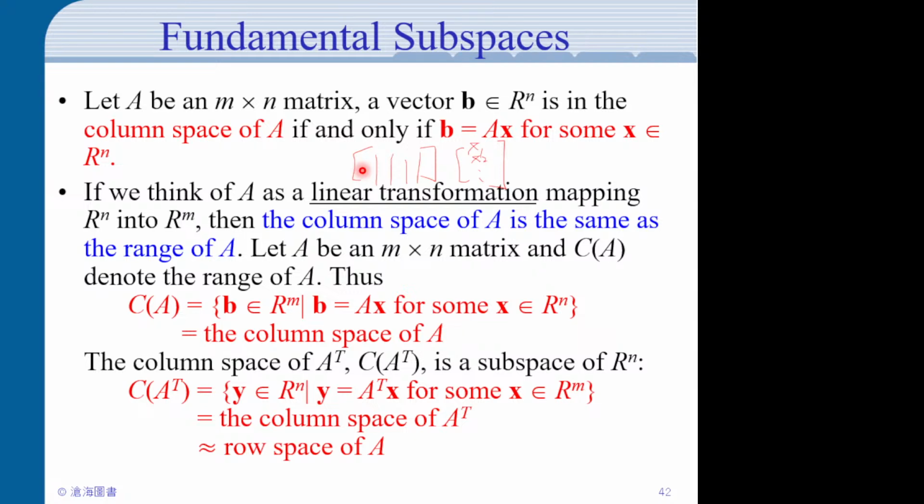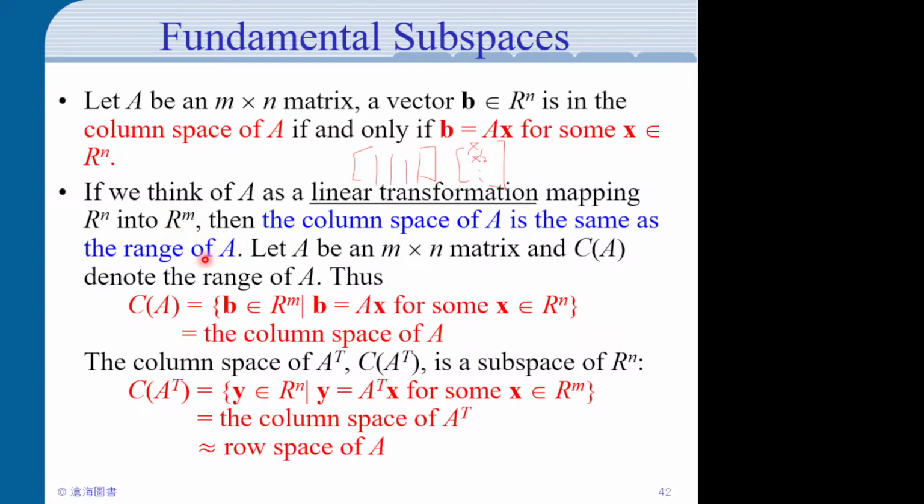Okay. And now we think about A as a linear transform, the thing that we talk about in this chapter. So now we think about A as a linear transform from Rn to Rn. And a linear transform has a range, and image, right?